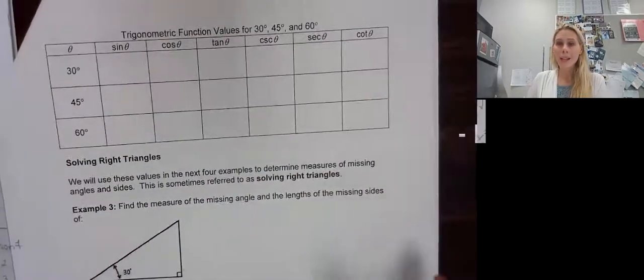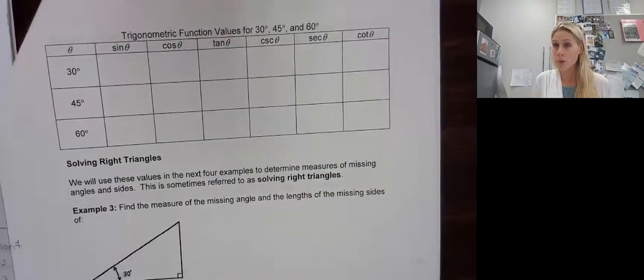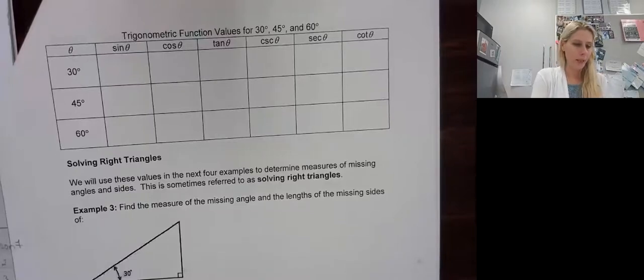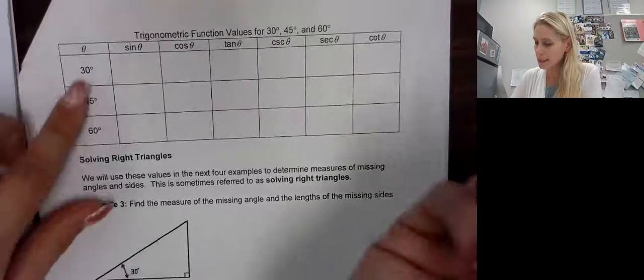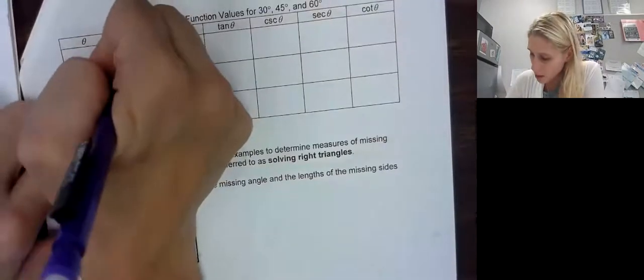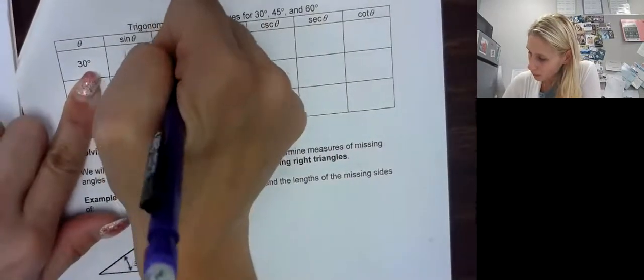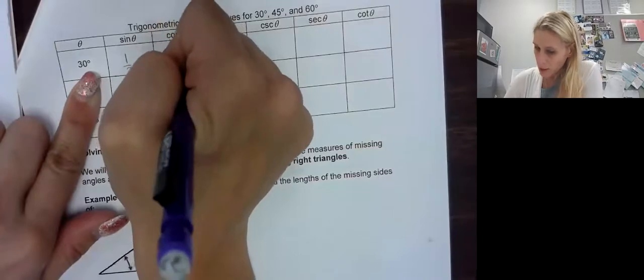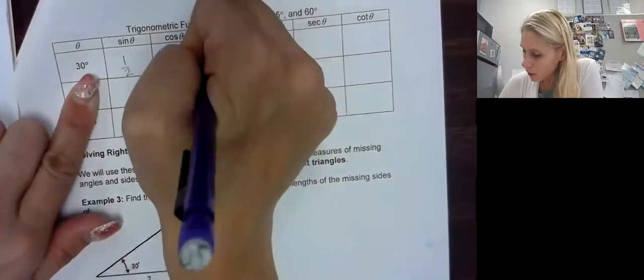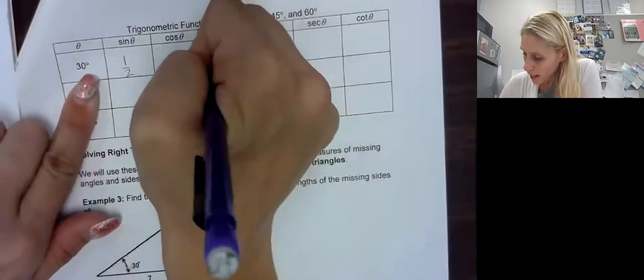So what I mean by that is that you do not have a square root in the denominator, okay? So if we were to put these all together, well, sine of 30 was what? It was 1/2. Cosine of 30 was square root of 3 over 2. Tangent, remember, was 1 over the square root of 3, but we're going to rationalize this.